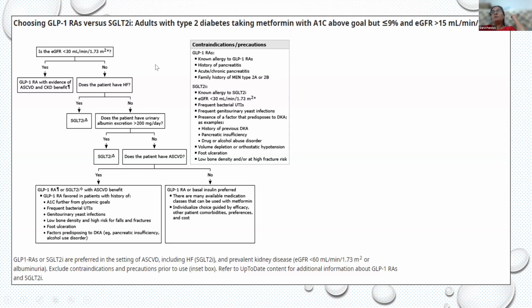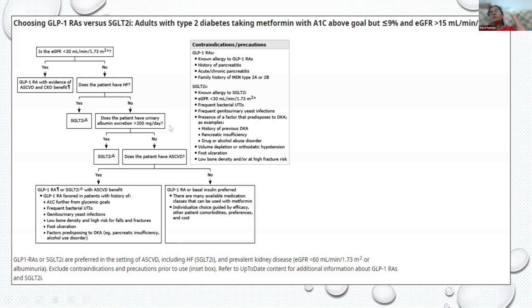And this is the algorithm for which patients should be on a GLP-1 receptor agonist or an SGLT2 inhibitor. For patients who have type 2 diabetes and are taking metformin, but the HbA1c is less than 9%, we have to think about their eGFR. If eGFR is normal, and they have established cardiovascular disease or CKD, then go for GLP-1. But if not, and if they are at risk of heart failure, then go for SGLT2.